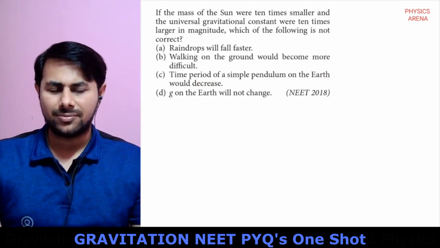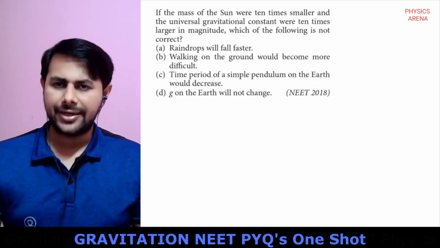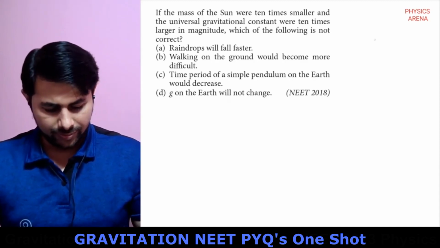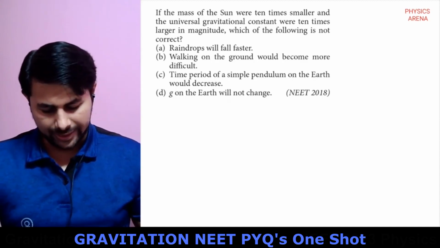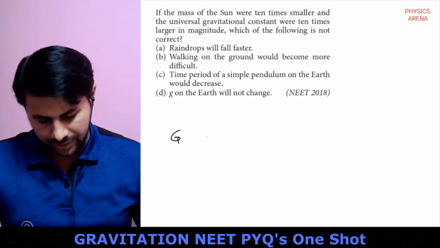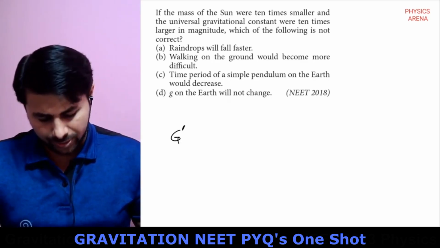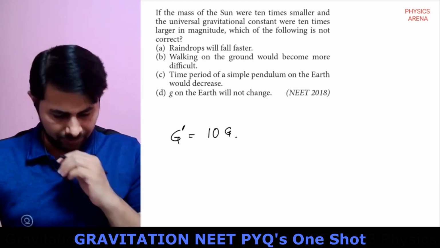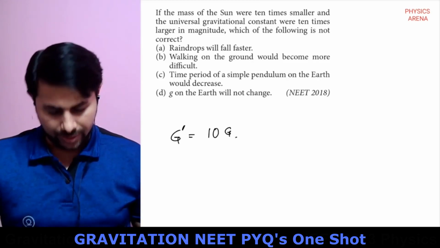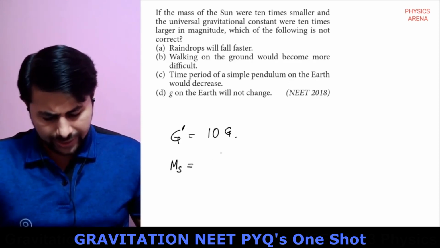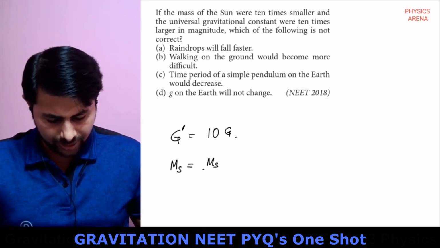Can you tell me? Mass of sun were 10 times smaller. Okay, so mass of sun is 10 times smaller, and G is 10 times larger. So let's suppose G dash is equal to 10 times G, and mass of sun is equal to 1/10 of the current mass of sun.